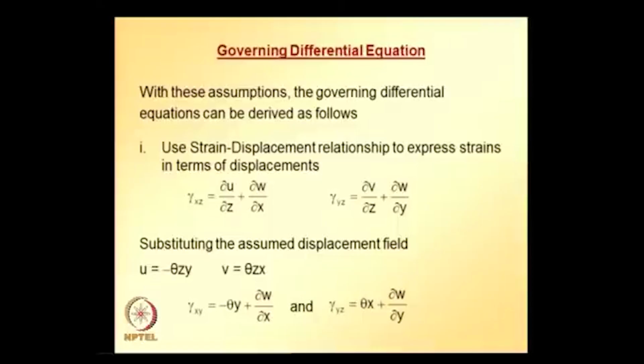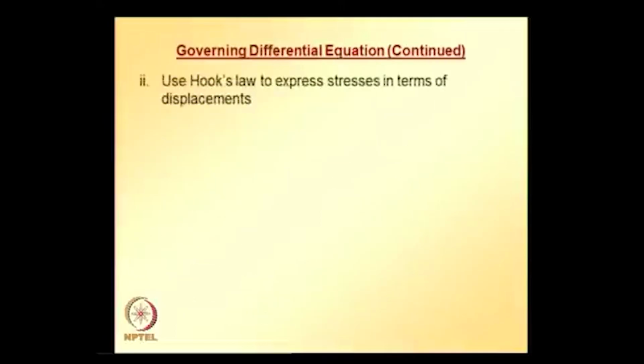Once we have strains, we can calculate stresses using Hooke's law. Use Hooke's law to express stresses in terms of displacements. Based on Hooke's law, we get this relation between shear stress and shear strain, and substituting the gamma xz that we just obtained into this equation, we get it in terms of angle of twist.